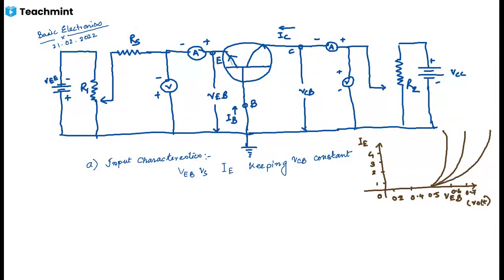So like this we will get the value. This is for VCB equals to 12 volt. This is equals to VCB equals to 6 volt. This is for VCB 2 volt.